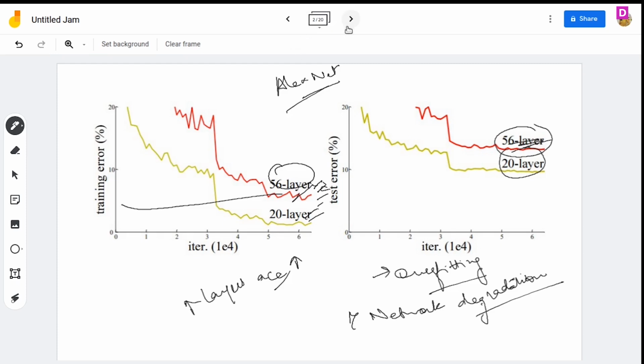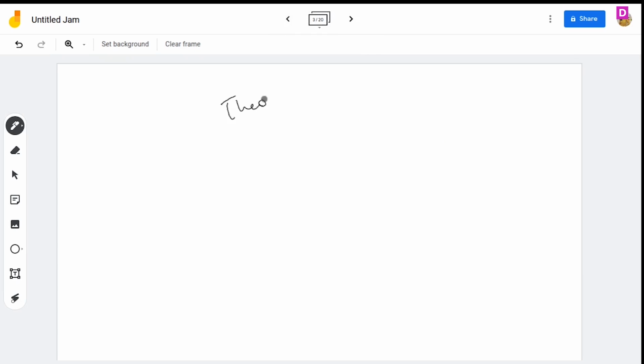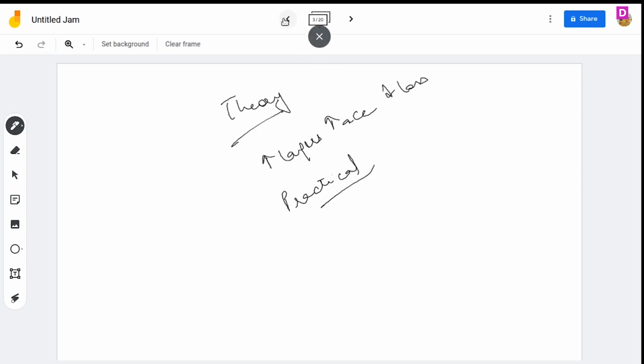That means it is going to perform worse. But in theory, we have all read that when you increase the number of layers, it should ideally increase the accuracy or decrease the loss. But then there is something lacking in the network or in the training, some practical problem, that is causing these problems. So we will be looking into what is happening.